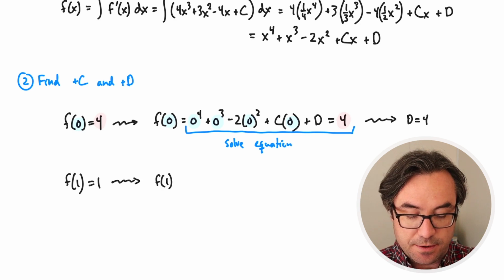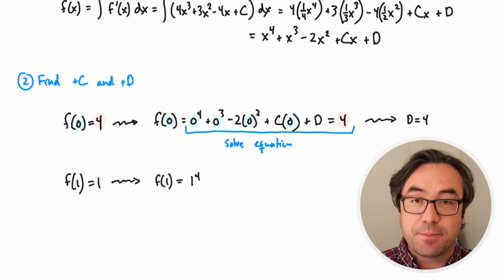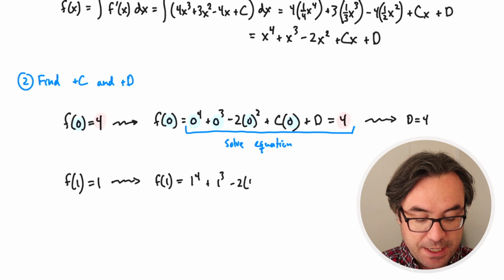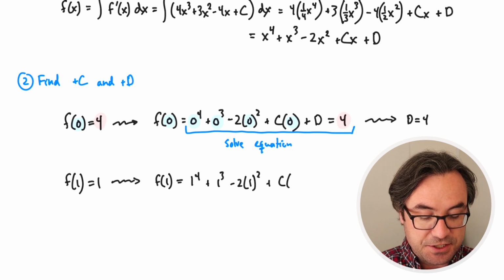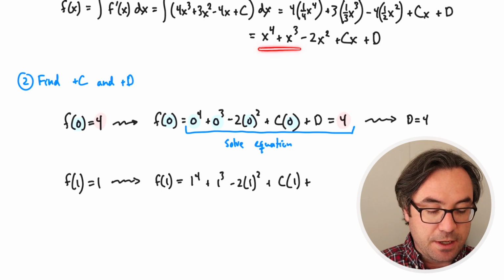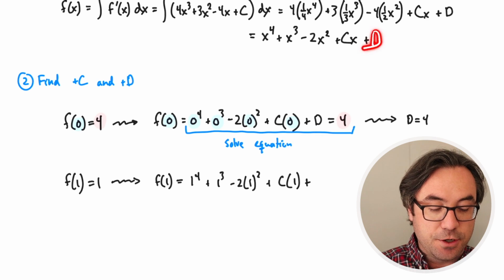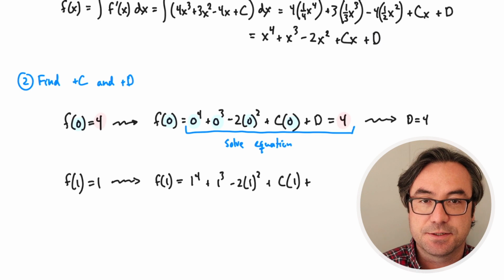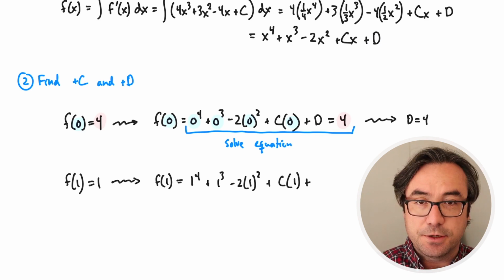So f of 1 is going to be 1 to the power 4 plus 1 cubed minus 2 times 1 squared plus c times 1 plus... Now, when I'm plugging in x equals 1 here, I could write d, but at this point, I already know what d is. So I could use that.